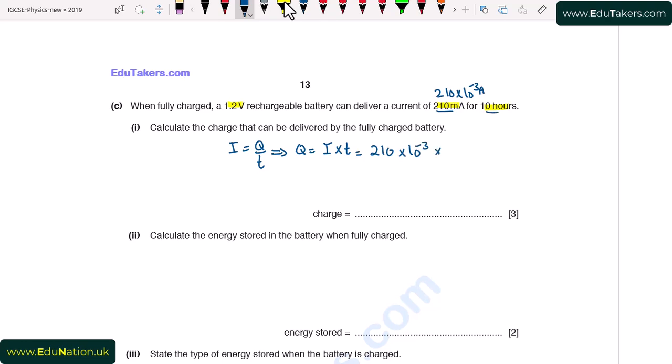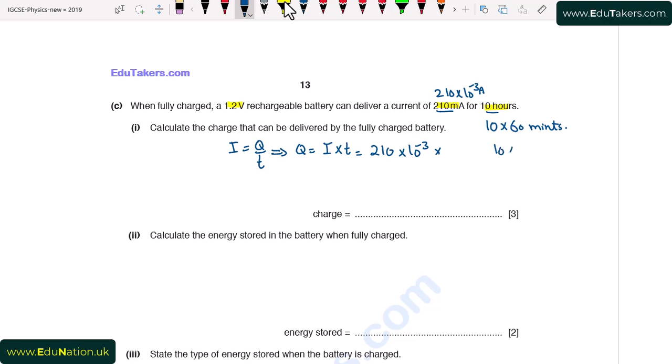And we have to convert this time into seconds. So I write here 10 multiplied by 60, and this becomes minutes. To convert these minutes into seconds, I again multiply with 60.